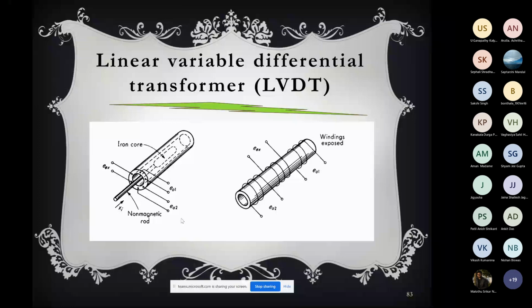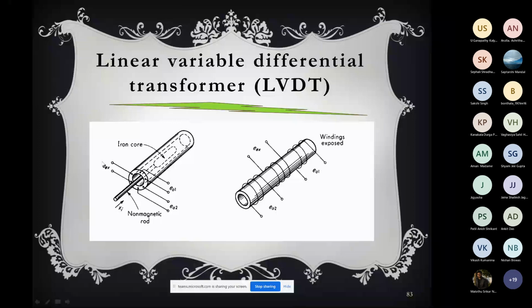So again, when you see some instrument, first see what the input is. Input is XI, that means the displacement, and it is applied on the shaft of a transformer which has a single primary coil and two secondary coils. Excitation voltage EEX is given to the primary coil, and the output voltage is taken from the two secondary coils.